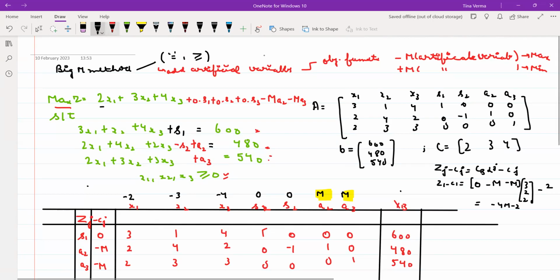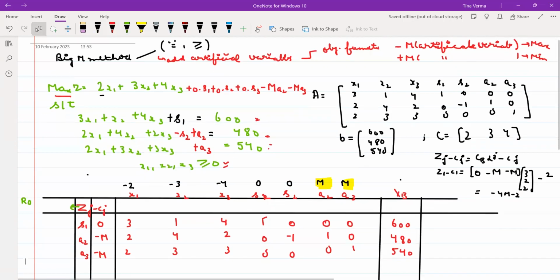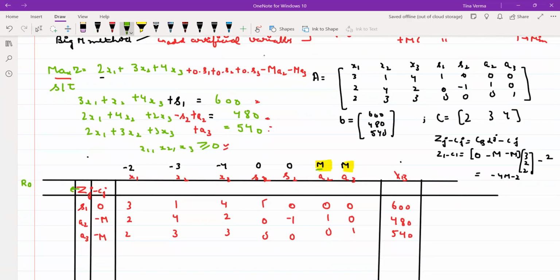Right? Or you can apply your row transformation, that now you can apply your transformation to R naught. You can apply the joint operation. Here you have to make this M as 0 and this M also as 0, but with the help of this one. So what operation will you apply?